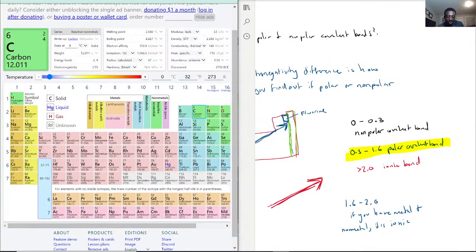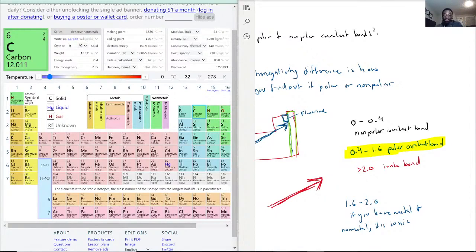So let's change this, because I believe it's actually 0.4, not 0.3. That's embarrassing. Yes, so 0.4. The reason I made this quick change is that carbon is 2.55 and hydrogen is 2.20, a difference of 0.35.